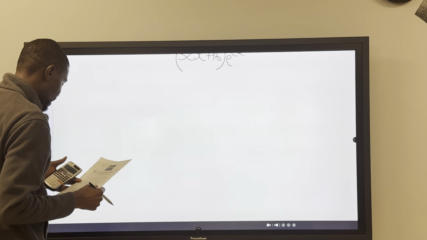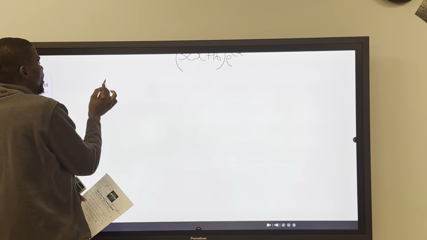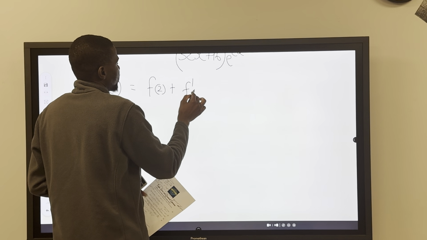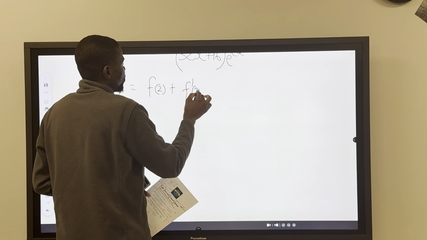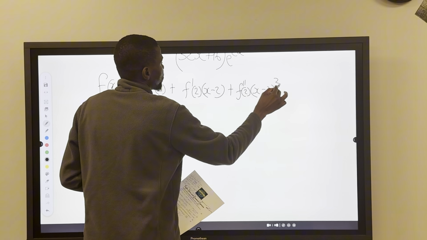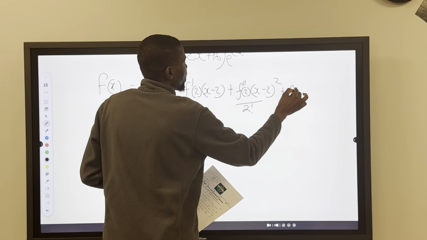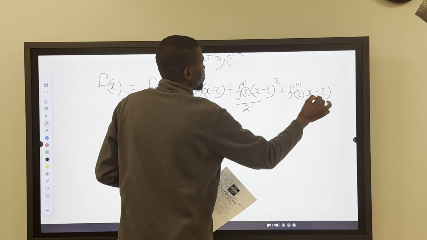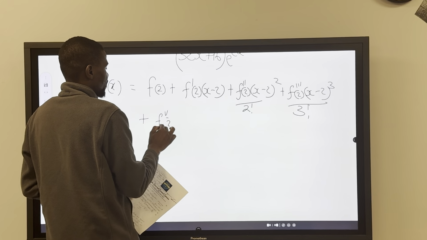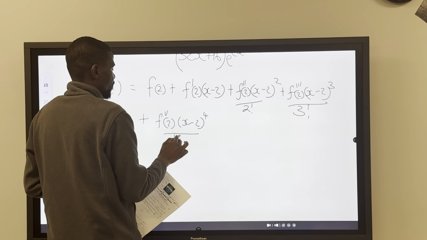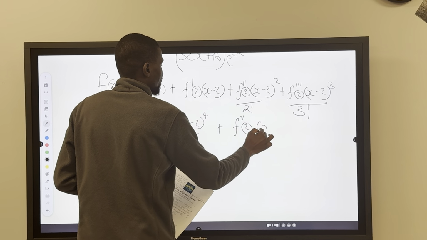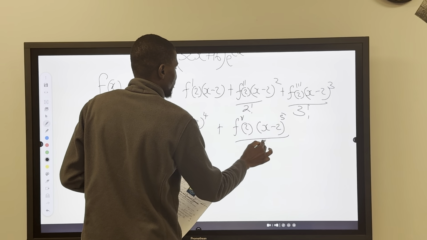Our formula: f of x is going to be f of 2 plus f prime at 2 times (x minus 2), plus f prime prime at 2 times (x minus 2) squared over 2 factorial, plus the third derivative at 2 times (x minus 2) cubed over 3 factorial, plus the fourth derivative at 2 times (x minus 2) to the fourth over 4 factorial, plus the fifth derivative at 2 times (x minus 2) to the fifth over 5 factorial.